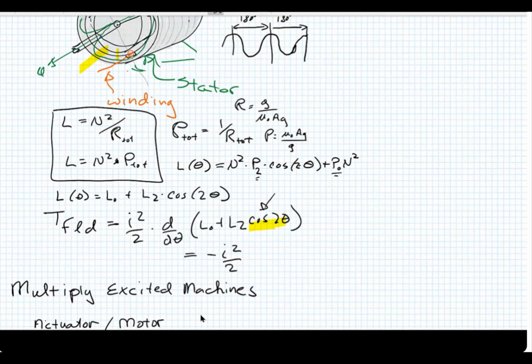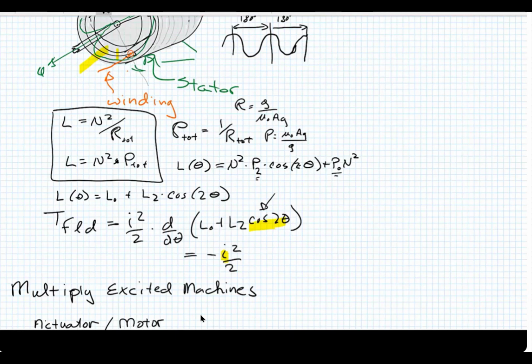I could use sine, and then I would end up with cosine terms here, and it would be mathematically correct. But as we start to think about variations in the current and position, which is what we'll see with AC machines, whether you use sine or cosine, you're going to end up with the same basic form.